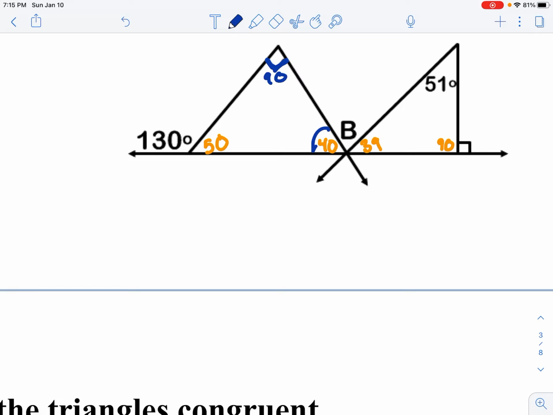Okay? So then, after that, I couldn't really do anything else because I don't know what that angle B there is, so I had to move on to the other side. Obviously, this one would be 90 because it's perpendicular. So if I had 90 and 51, I could subtract those from 180, and I got 39. So then, the last step that I had to see here was, this is a straight line right there.